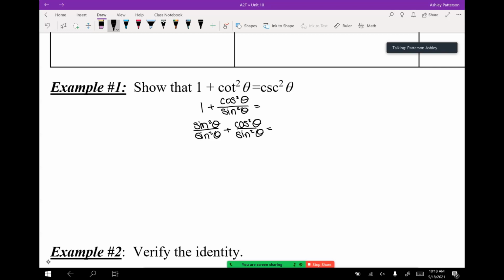I changed 1 to have common denominators in the hopes that I could combine the 2 terms, and we can. So let's rewrite the numerator as sine squared theta plus cosine squared theta all over sine squared theta.